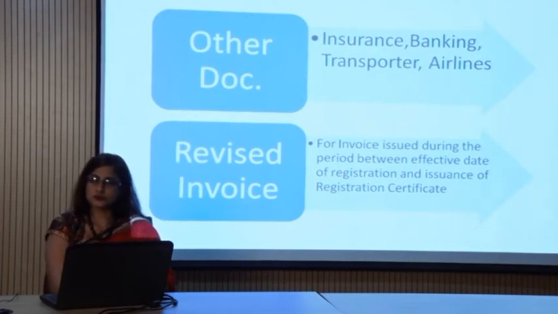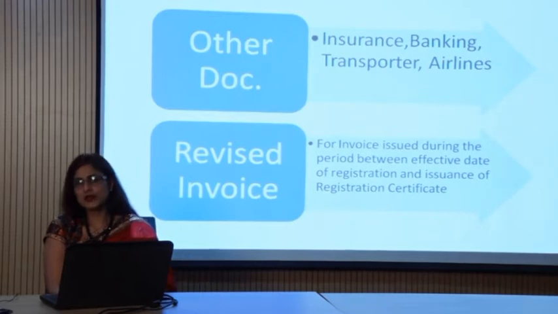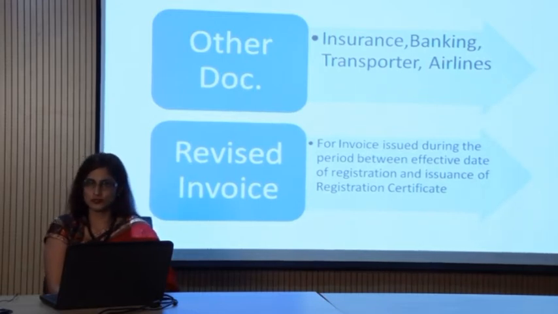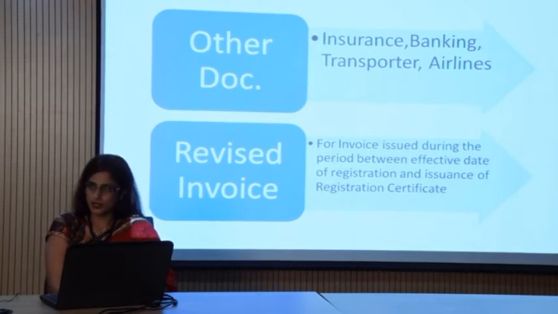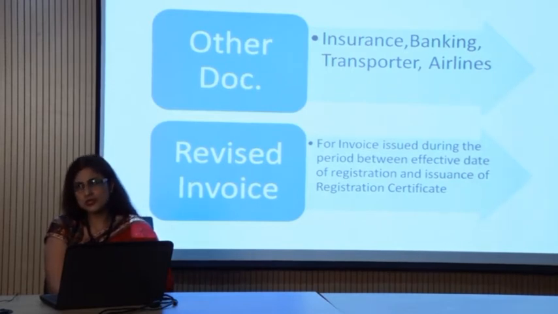Now, in substitute for the tax invoice, there are certain other documents which the government says you are not supposed to issue a tax invoice for under certain situations. If you are doing a business of insurance, then the government will consider the insurance policy as the invoice.